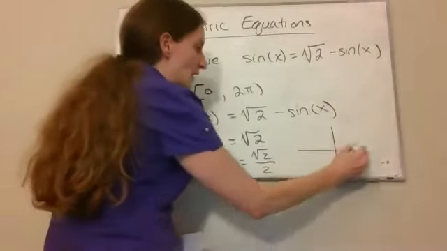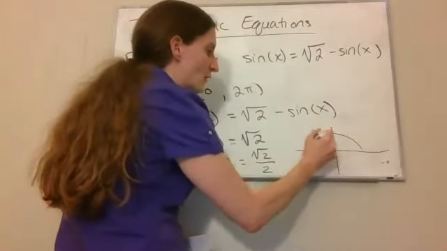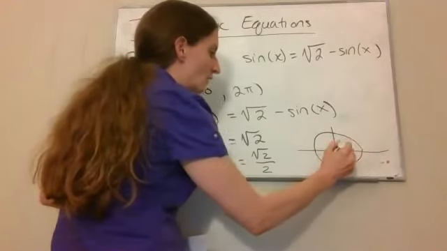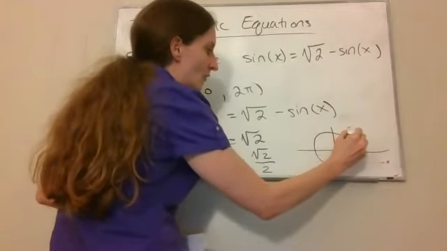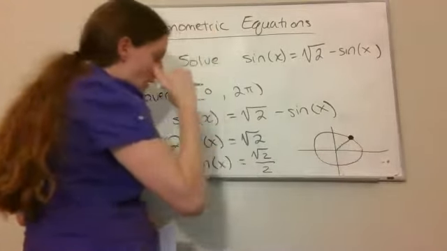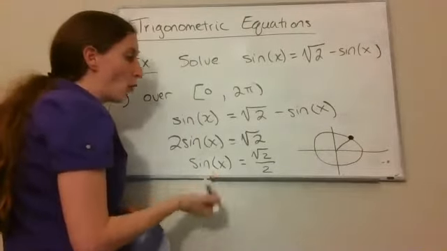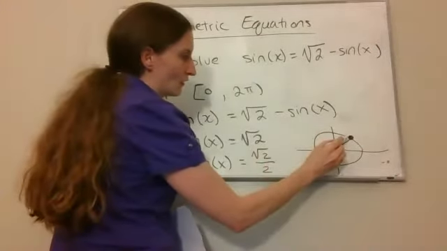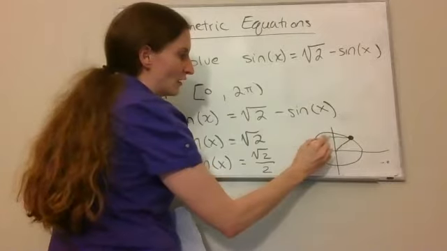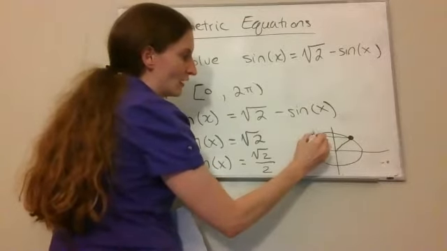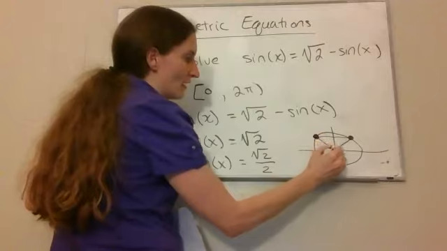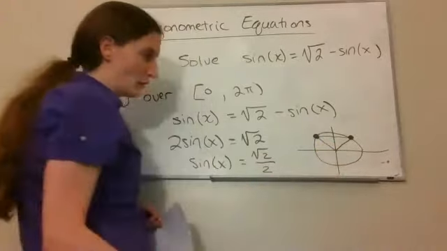Well, you should recognize that square root of 2 over 2 is one of our special values on the unit circle. It corresponds to this point here at pi over 4. And since sine is my y values on the unit circle, I know an equivalent y value is over here at this point. And that angle just happens to be 3 pi over 4.